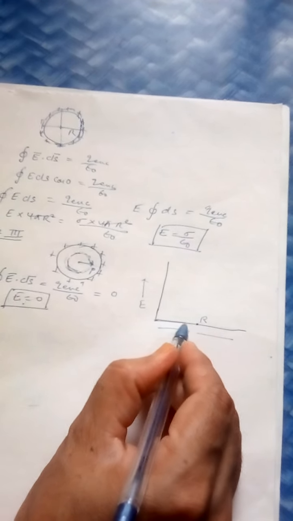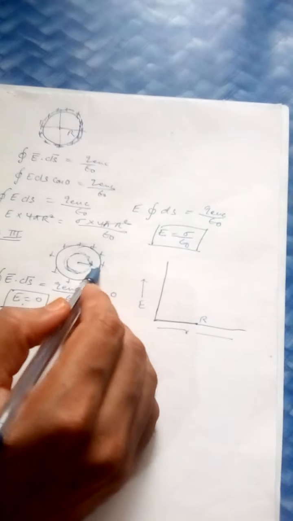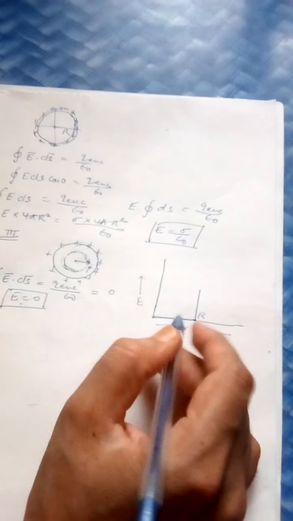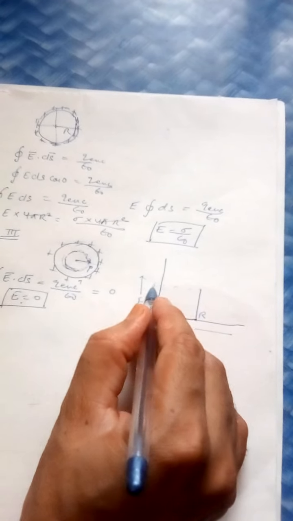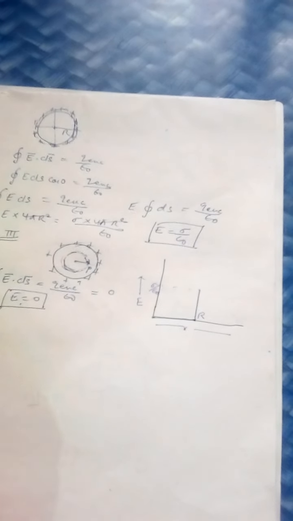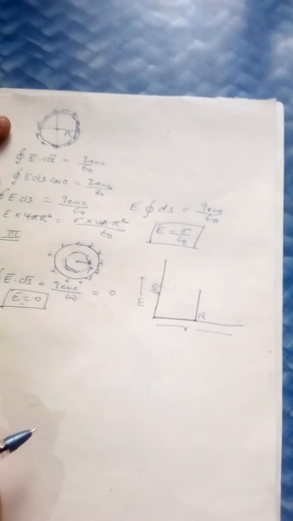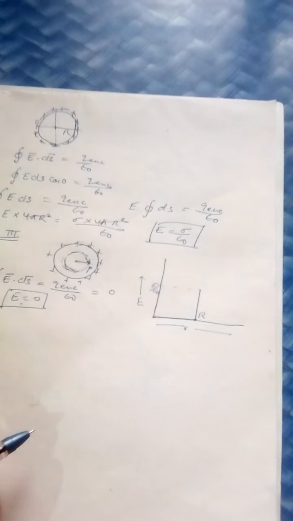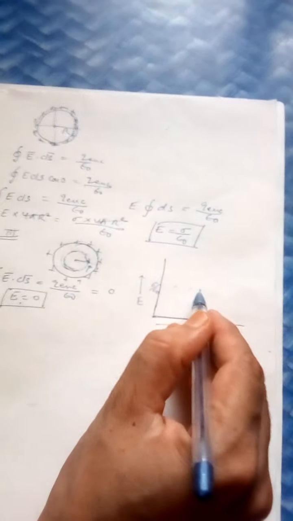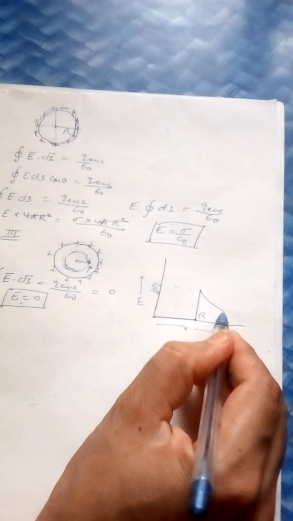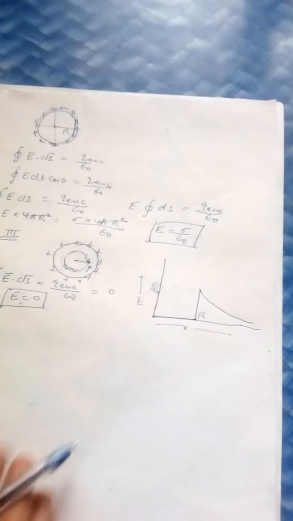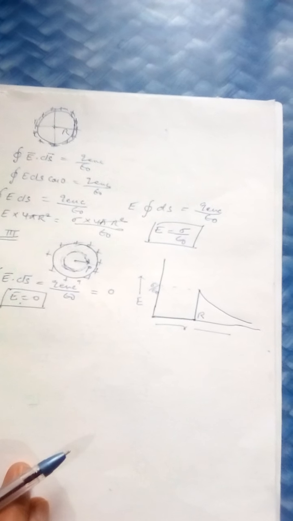So you draw it like this, 0 up to the radius, and at the radius the electric field is maximum, sigma by epsilon naught. After that, the electric field is like a point charge, inversely proportional to r square, so its graph will be like this. This is the graph for variation of electric field with distance r.